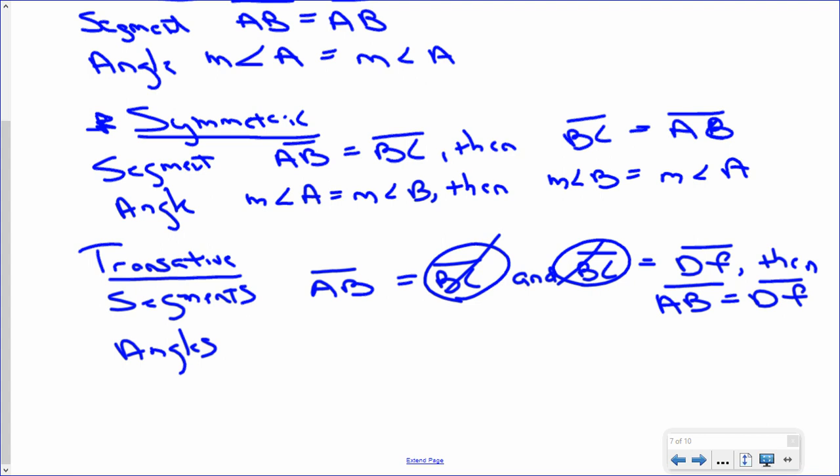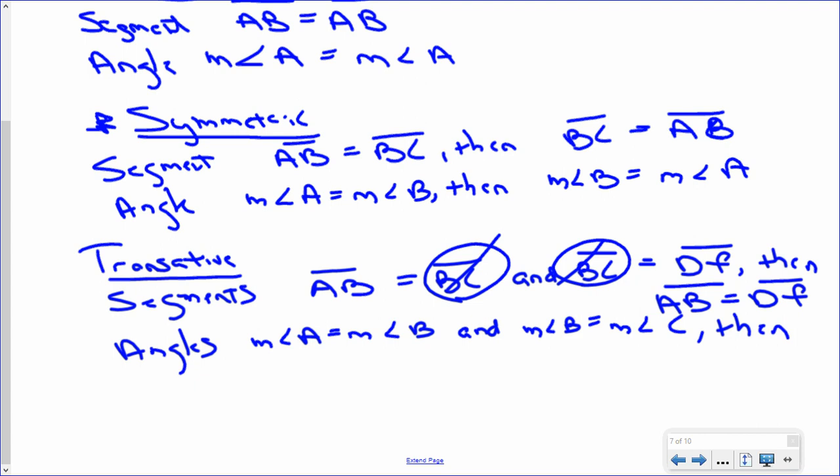All right, so angles. Let's say you go with the measure of angle A equals the measure of angle B, and the measure of angle B equals the measure of angle C. Then, if you read it back to yourself, you'll notice the middles.